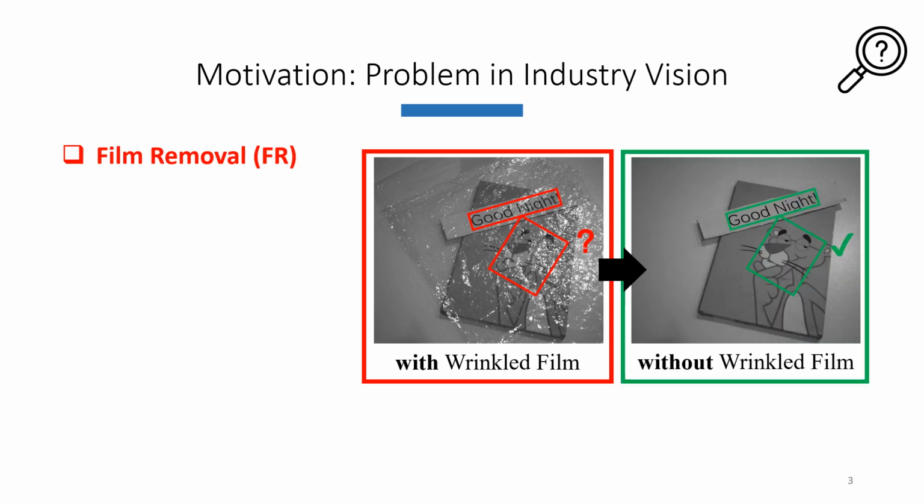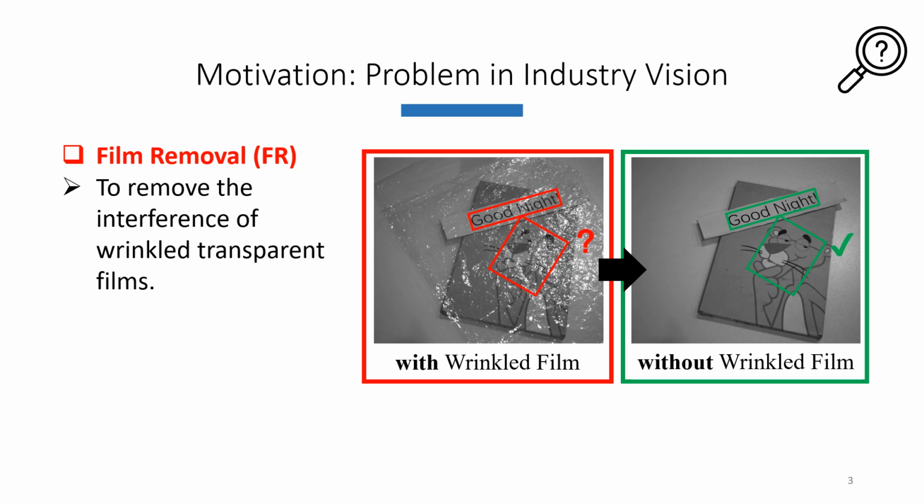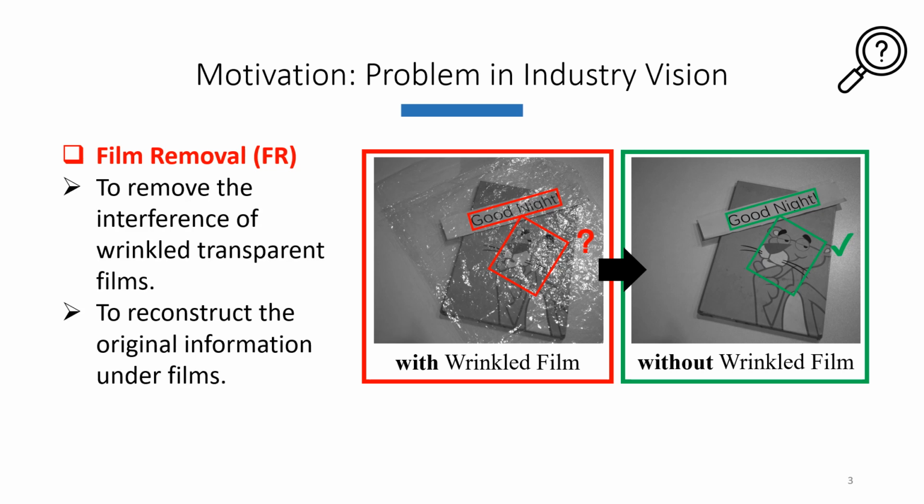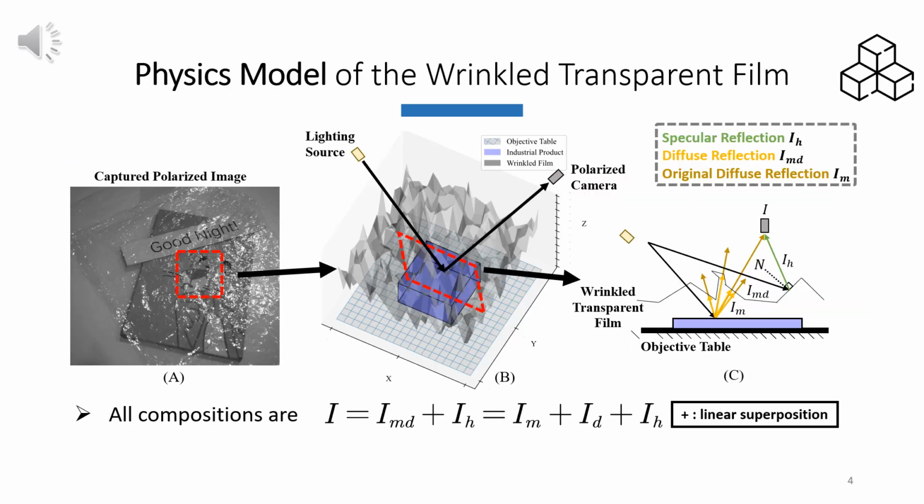In this paper, we introduce a new problem called film removal, FR, which aims to remove the interference of wrinkled transparent films and reconstruct the original information under films for industrial recognition systems. In tackling the challenge of film removal, we have devised a comprehensive model that breaks down the imaging of a wrinkled transparent film into two primary components: the specular highlight, denoted as IH, and the diffuse reflection from the materials underneath, denoted as IMD.